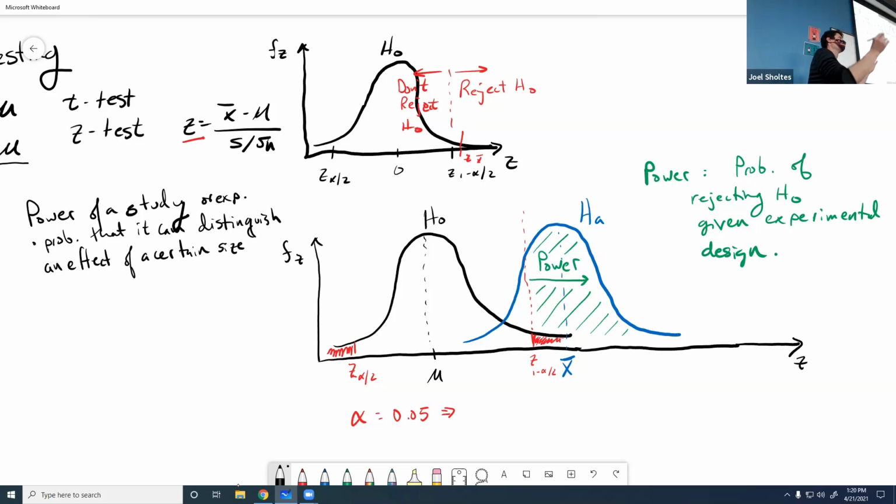An effect is really just a difference, right? A difference in means. Distinguishing that from chance.